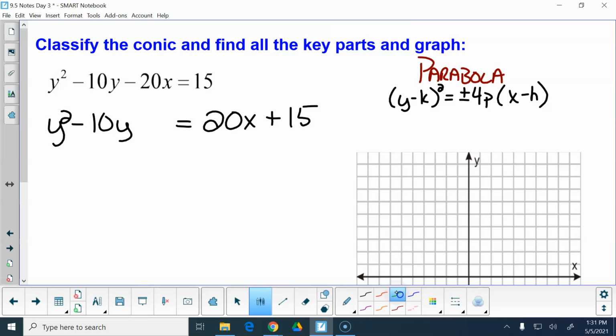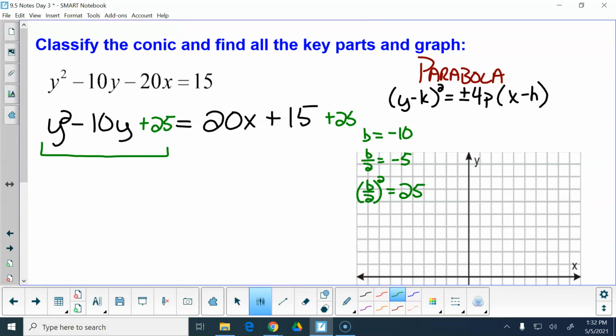So then we need to find our y's. That's going to be a b value of negative 10. Divided by 2 is going to be negative 5. Square it is going to be 25. So I'm going to fill this gap here with 25, which means I'm going to need to add 25 to that side also.